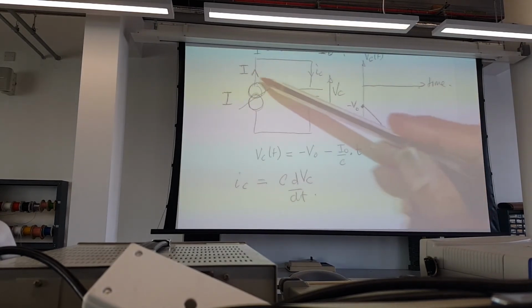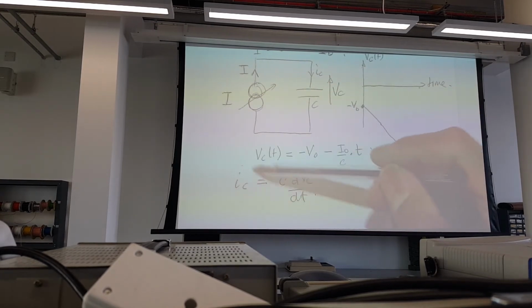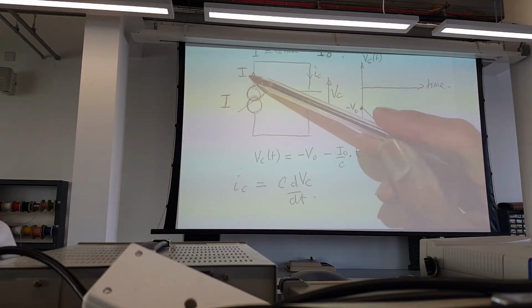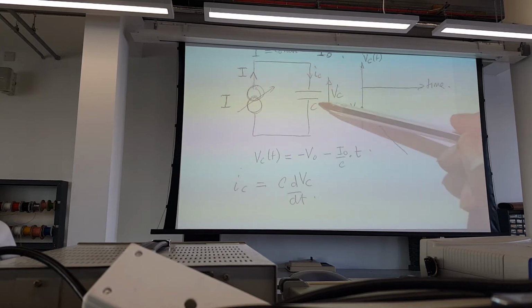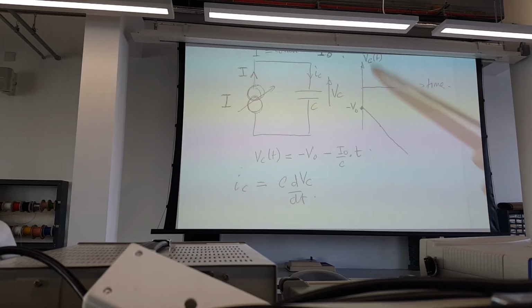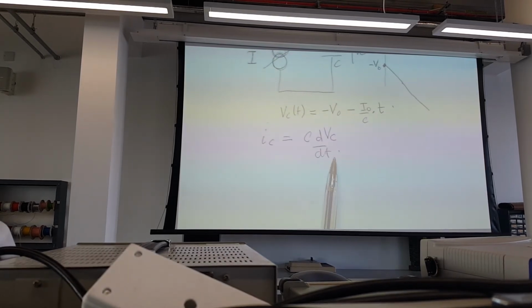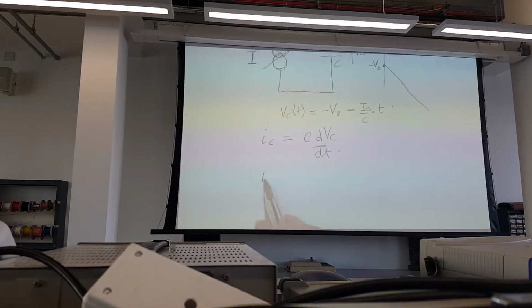Notice the big difference between the fact that I've got IC here and I as the current flowing around here. Two different symbols. If you Laplace transform this, you get IC of S equals C times minus Vc at time t equals 0 plus S Vc of S. So that's step done.